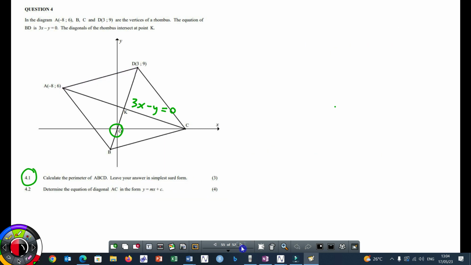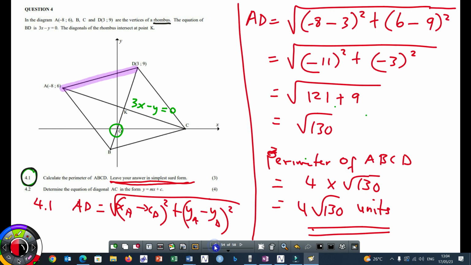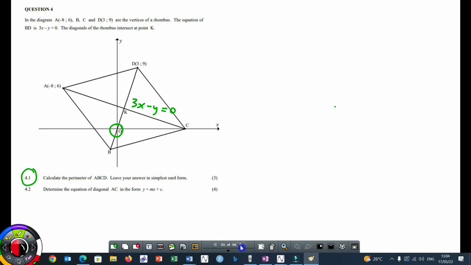Next question. Determine the equation of the diagonal AC in the form y equal to mx plus c.